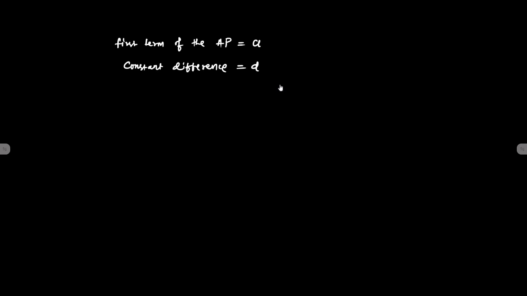So suppose we have an AP where the first term is A and the constant difference between successive terms is D. Then we can write the AP sequence as A, the first term, then A plus D, where A plus D minus A gives the constant difference D. Then this is the first term, this is the second term, the third term will be A plus 2D.